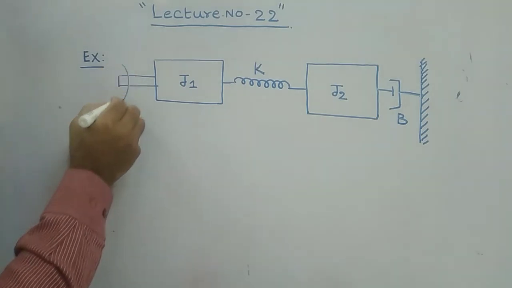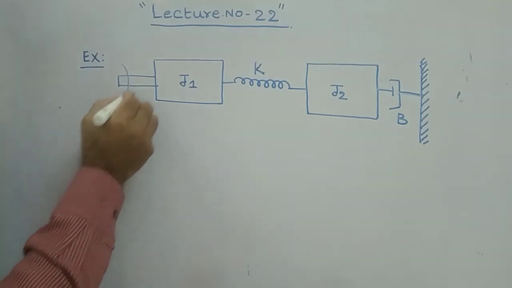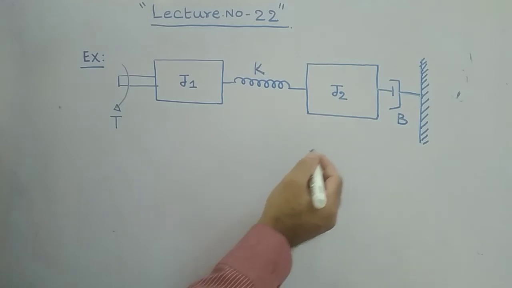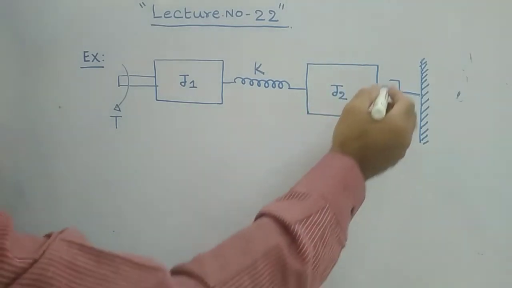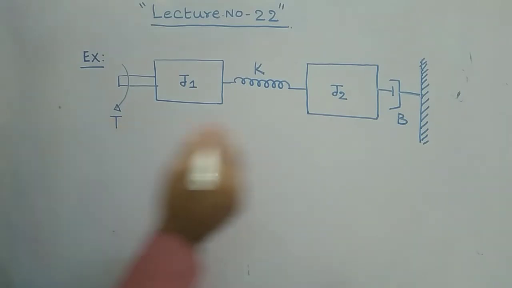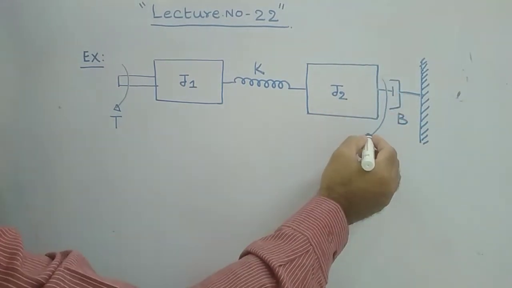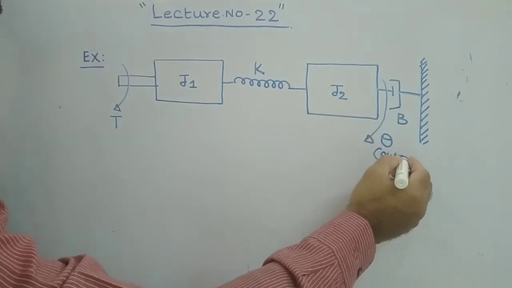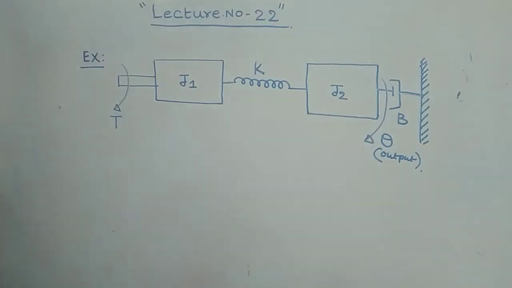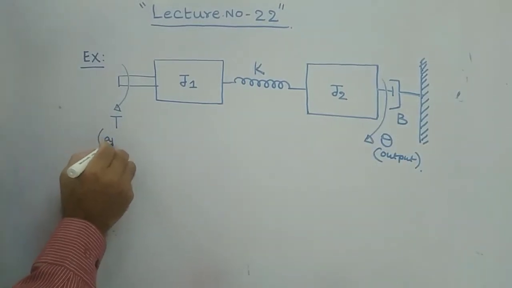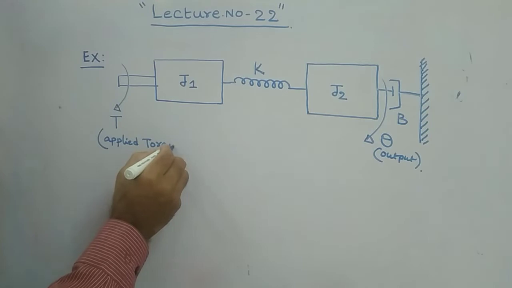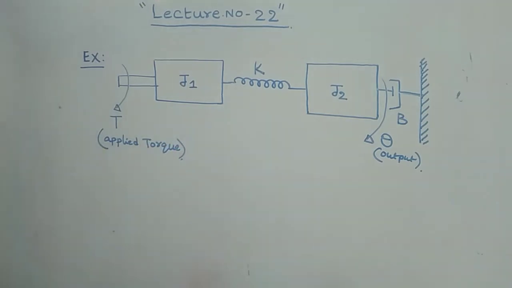Here the applied torque T is given. Before the dash pot, the displacement theta is given as the output, whereas here it is given as the applied torque.